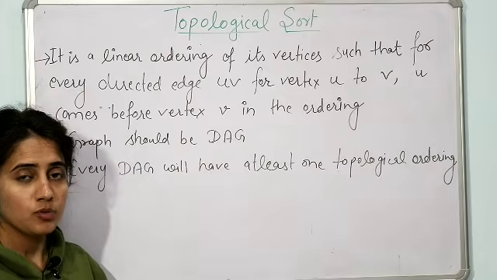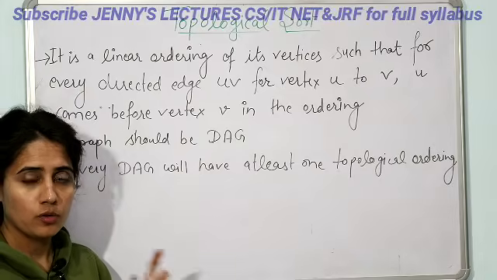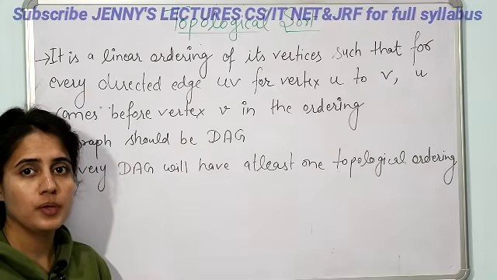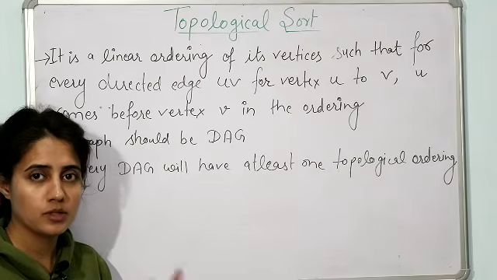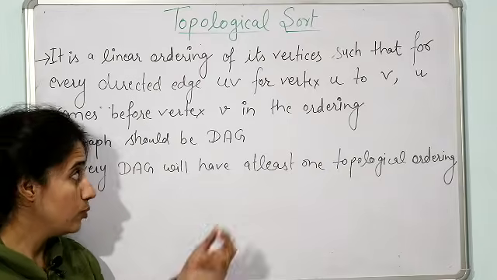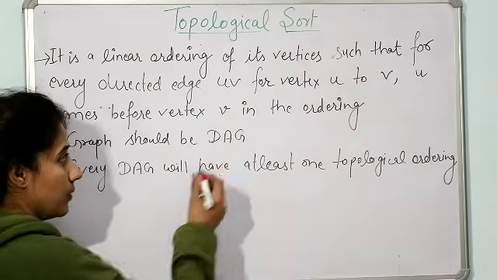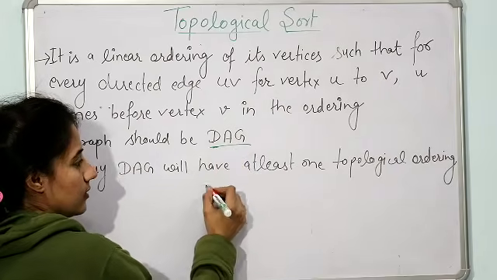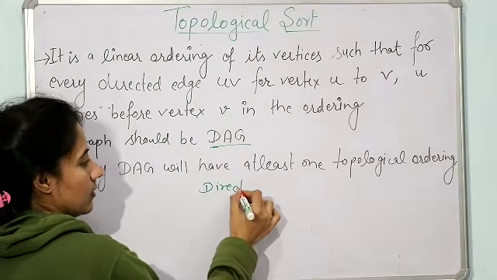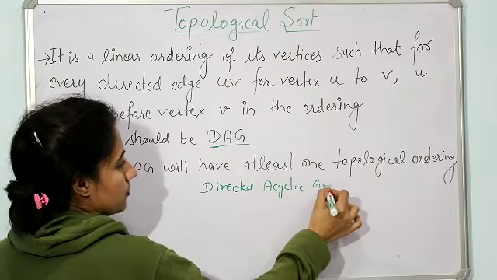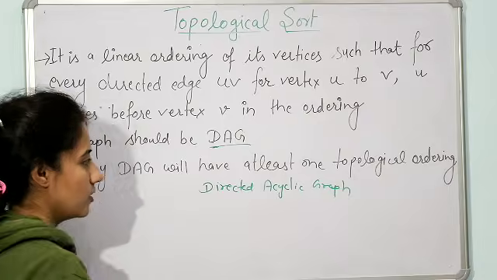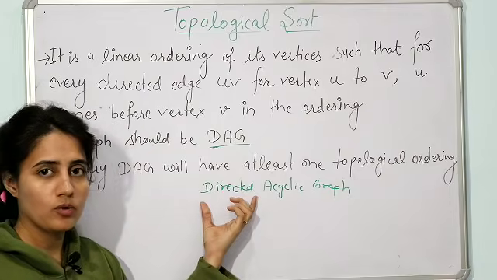First point is, to find out topological ordering, that graph should be directed and acyclic. That is the must condition. Graph should be DAG. DAG means directed acyclic graph. If graph is undirected, you cannot find out topological sorting.